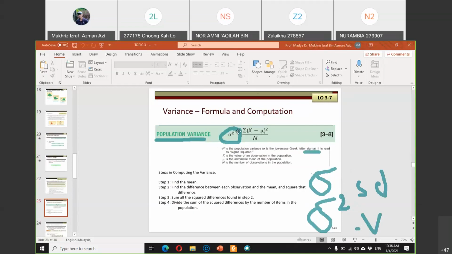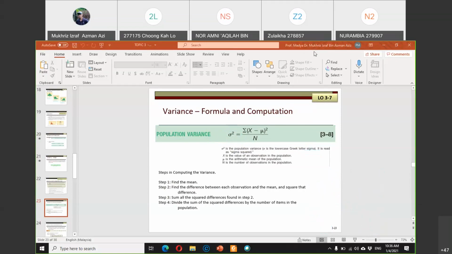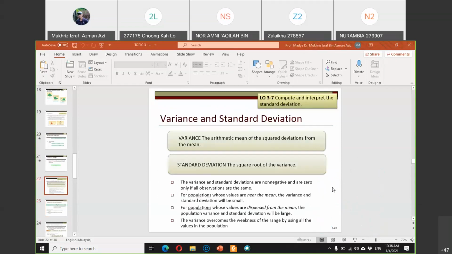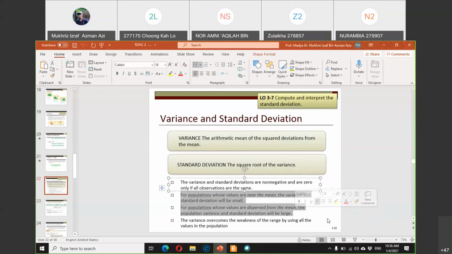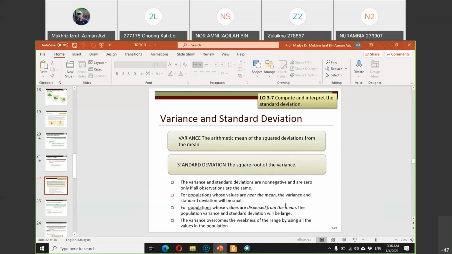So the formula is the summation, the total sum, of each individual value minus the mean. So in order to calculate variance or standard deviation, you need to get the mean value first, because that is the process of calculating. In order to know whether your data is dispersed or not, you must compare against the mean. If the data is located around the mean, the variance will be small.